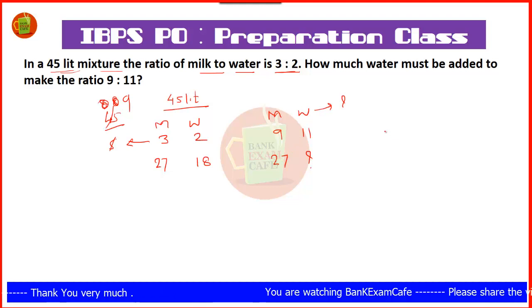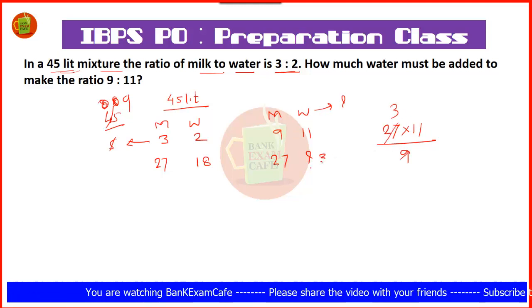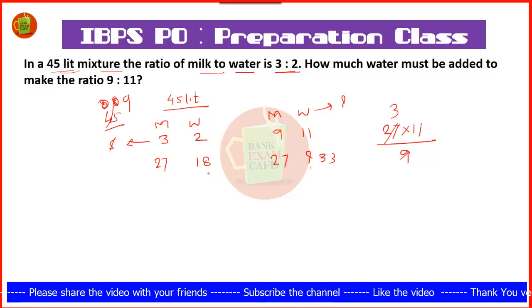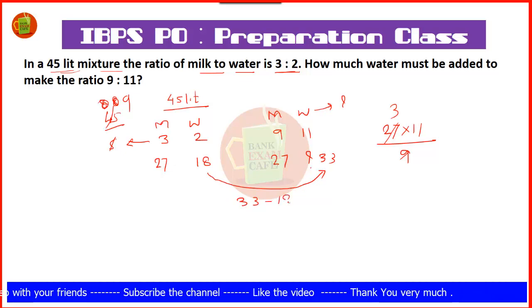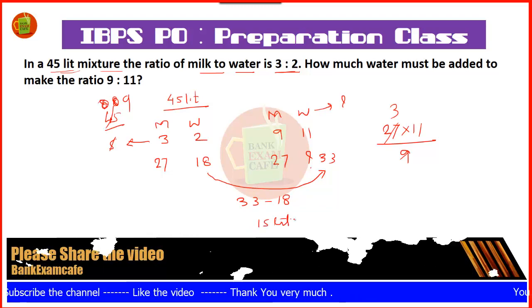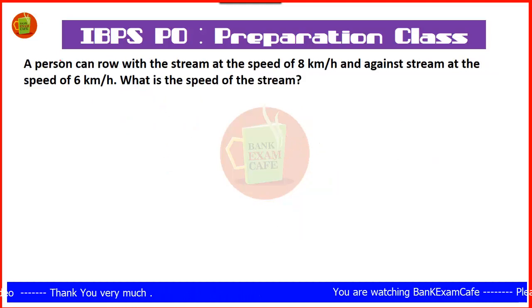We multiply 27 by 11 divided by the first term 9, so 9 3s are 27 and 11 3s are 33. So if the water is 33 liters and the milk is 27 liters, then the ratio will be 9:11. Initially the water is 18 and now the water is 33, so 33 minus 18 is equal to 15 liters. So we will have to add 15 liters of water to make the ratio 9:11.